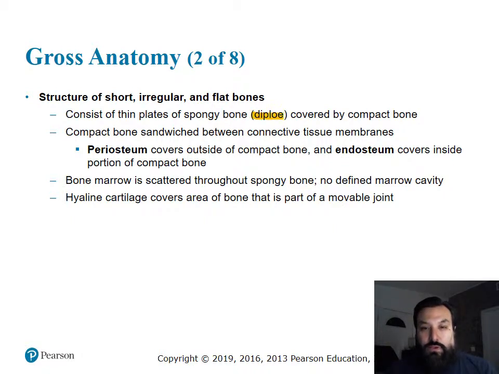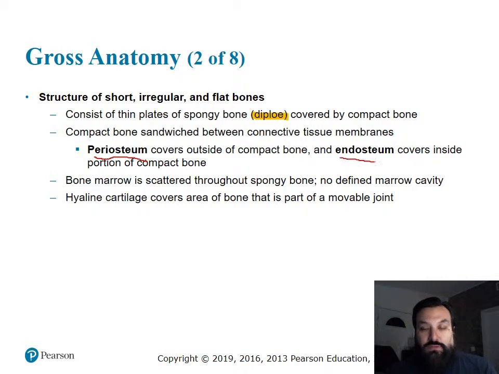Diploe, right? That's the name we use to describe the spongy bone found in short, irregular, and flat bones that is sandwiched in between. Okay. Now what you see is two layers here, and these two layers are the same layers that you will see in a long bone, but we can go ahead and talk about them here.